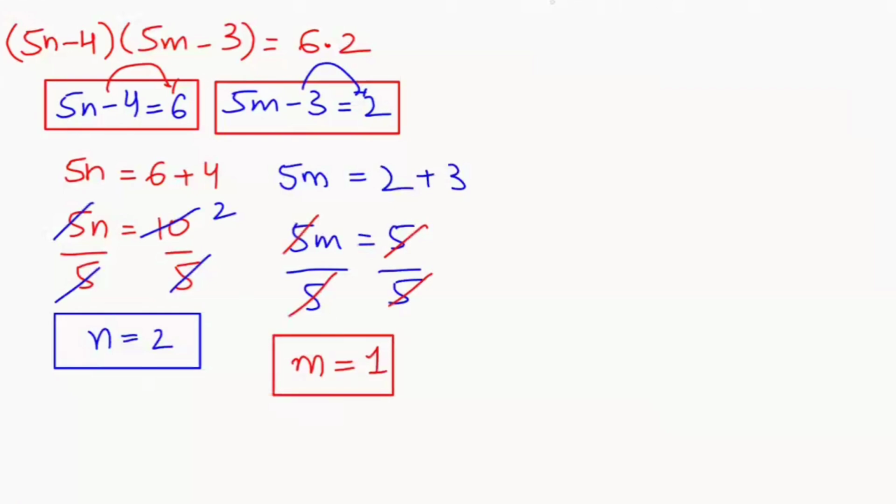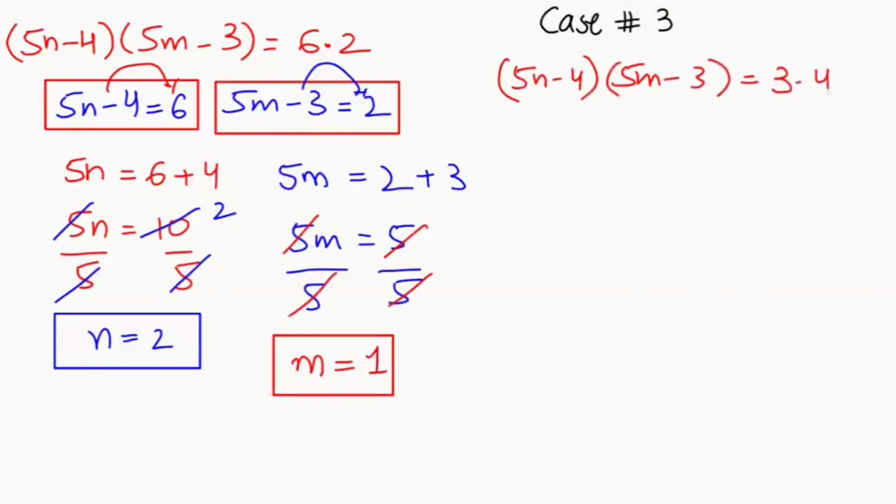Now I'm going to solve case 3. The case 3 factor we have is 3 times 4. The expression we have is 5n minus 4, 5m minus 3 is equal to 3 times 4. Now we're going to compare it. 5n minus 4 is equal to 3, 5m minus 3 is equal to 4.